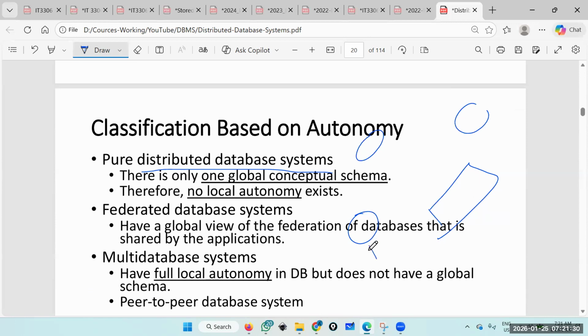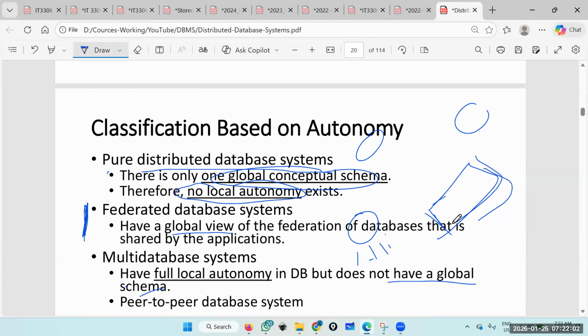They can connect and do things their own way, but there's no global schema. So that is the other extreme. Here no local autonomy, but one global schema, is one extreme, and this is the other extreme. So this is sort of the best of both: you have a global view, that is, the global schema.